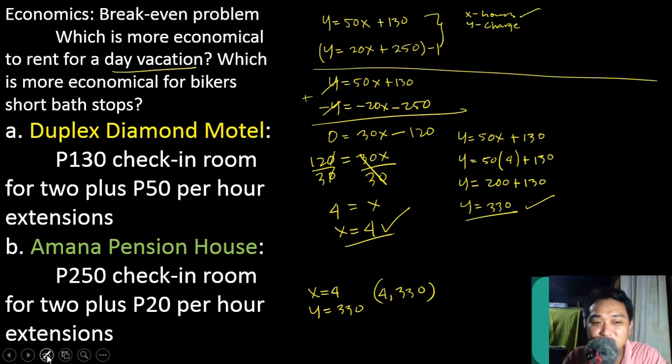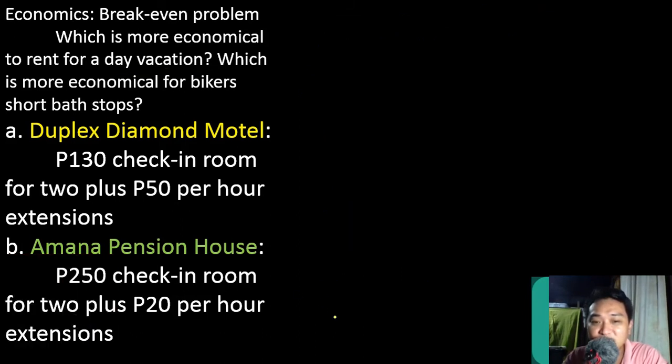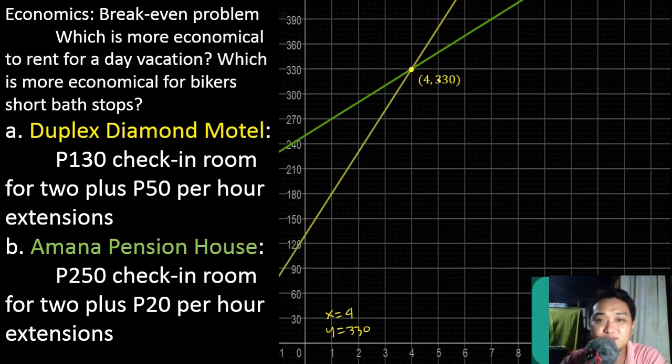Let us try to delete this, everything. X is equal to 4 and y is equivalent to 330. Ayan. So, patas sila at 4, 330. The two linear equations, y is equivalent to 50x plus 130 and y is equivalent to 20x plus 250.